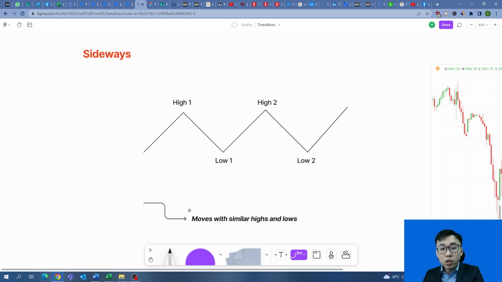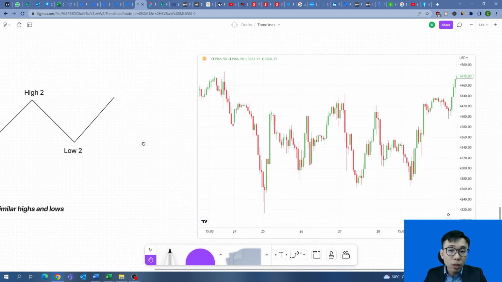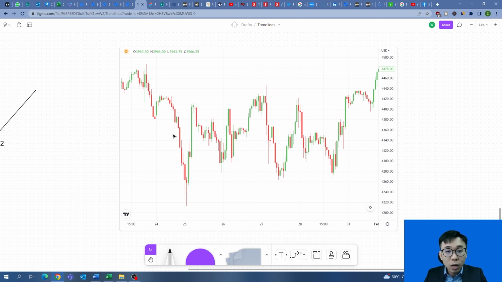So they will have almost the same pricing for their highs and almost the same pricing for their lows. But this is just a theoretical aspect, because this does not necessarily occur as such due to how the market works. So let's take a good example in terms of the real market application here.